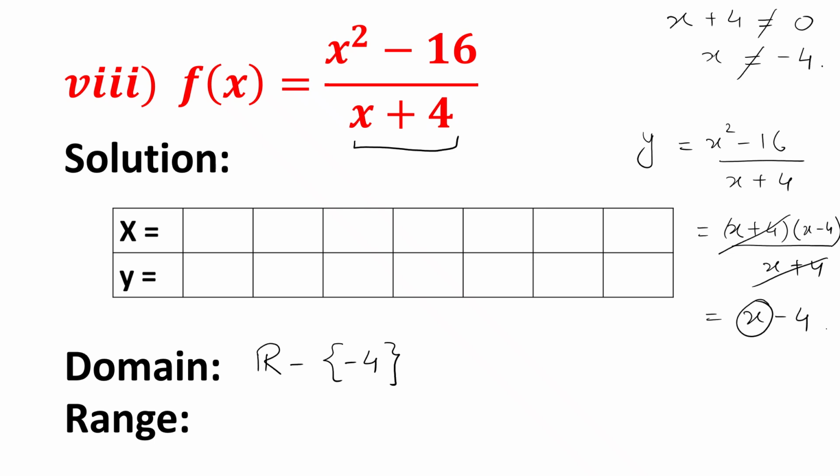Now, at x equals negative 4, our value becomes negative 4 minus 4 equals negative 8. It means y should not equal negative 8, because at negative 4 the value of y is negative 8, but negative 4 is not included. It means we will subtract this negative 8 from the range.